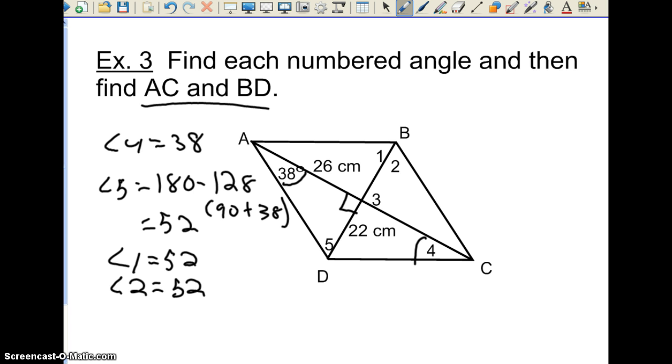Now the lengths of the diagonals. Well, if A to the middle is 26, then this is also 26, and AC has a length of 52. Same idea. We've got 22 here, 22 on this side, so that length BD would be 44.